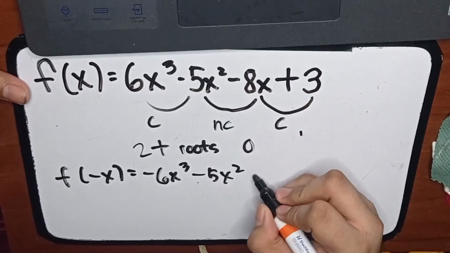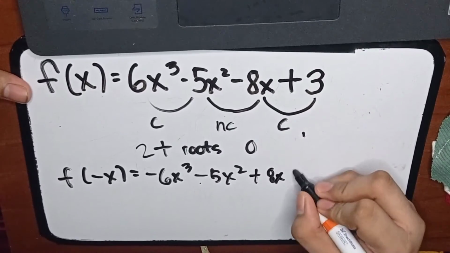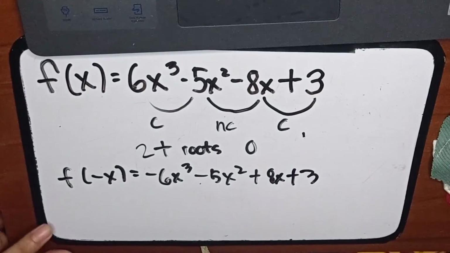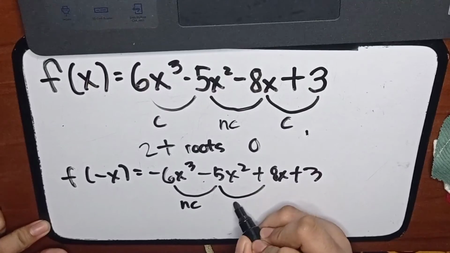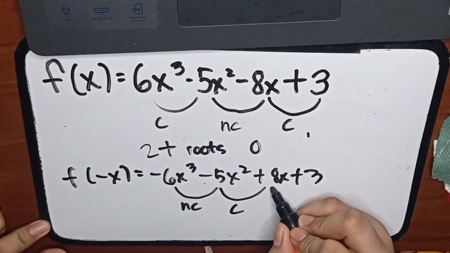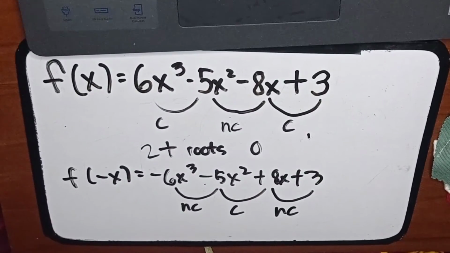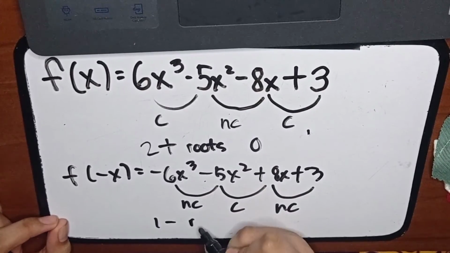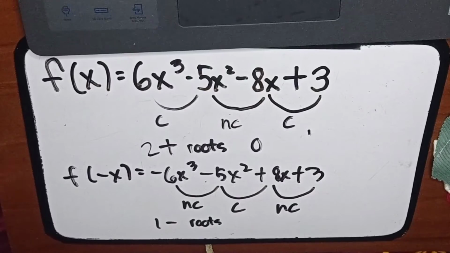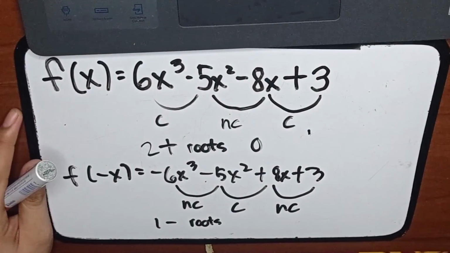And the linear term, of course, positive 8x plus 3. Again, take a look at the number of changes. This, no change; this, change; and this, no change. So there will be only one negative root, and there's no need to subtract 2 for that negative root. So, let's tabulate it.